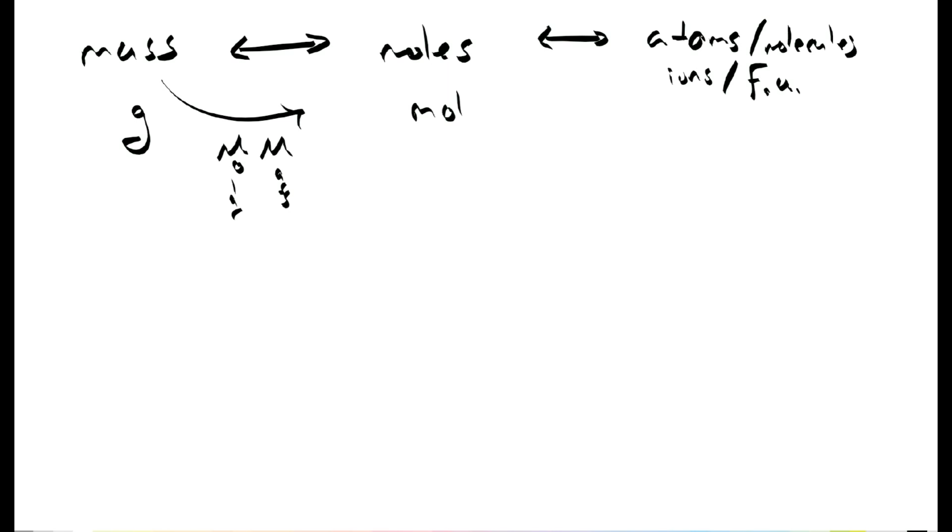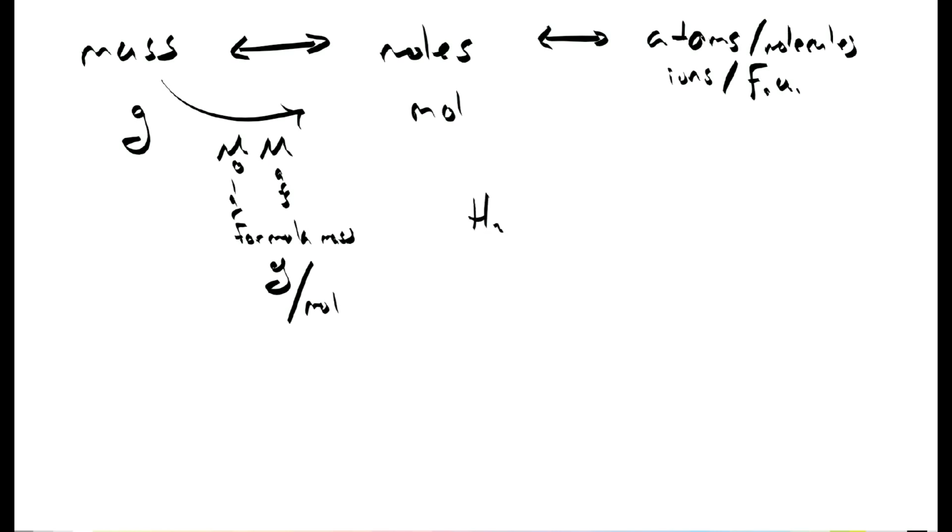Molar mass is the same as the formula mass. I'm more accustomed myself to talking about molar mass than I am to talking about formula mass. But formula mass is the more general term, so it's kind of better. And instead of talking about the formula mass in amu, what you can say is grams per mole.